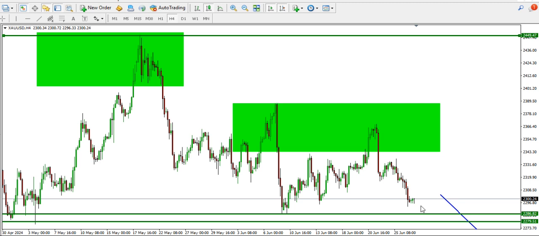But if price does not break the 2286 level and price goes up, we might likely see a higher high. And if we see a higher high, that indicates that the range continues. Of course, if we witness a higher high, that is a high higher than this high, then I see a higher low and then possibly another higher high.